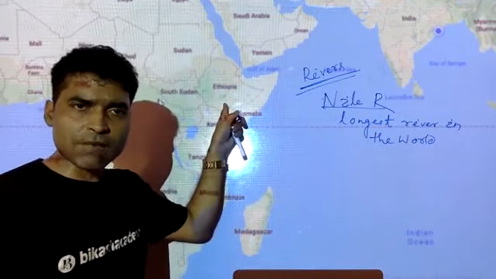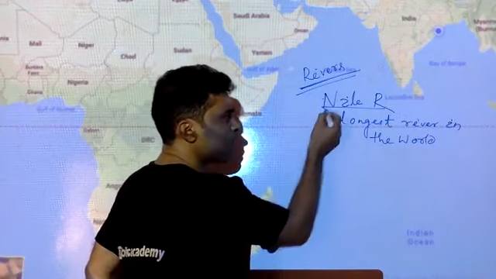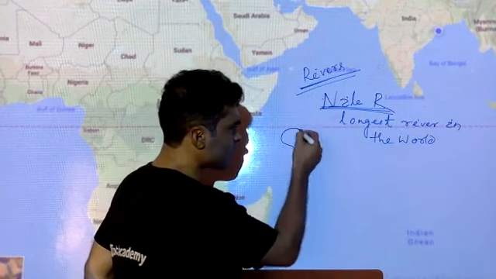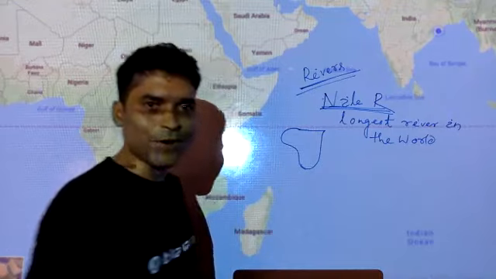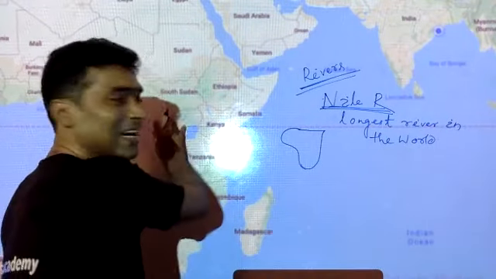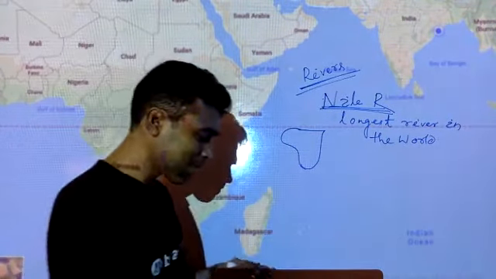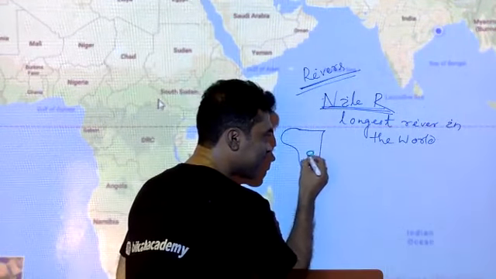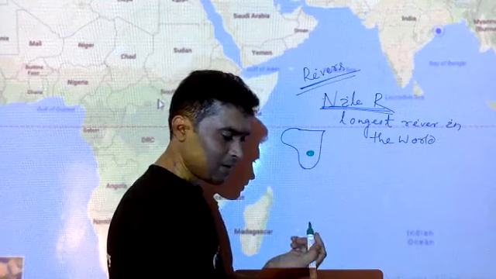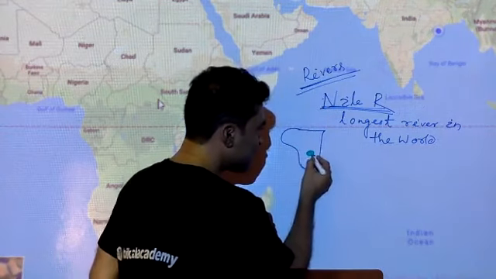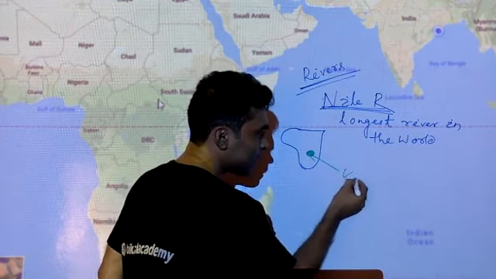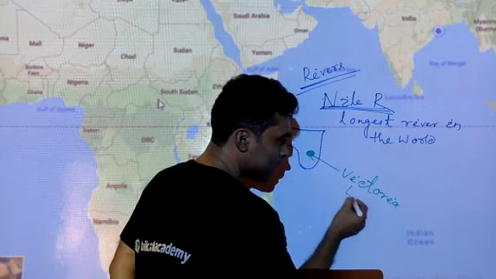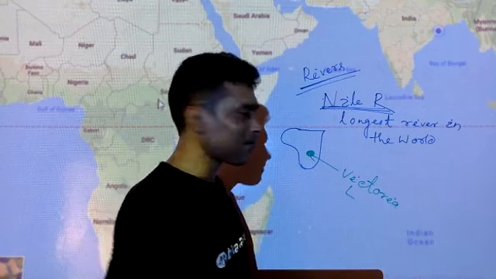Before going to the map, let's understand how and where it is located. Suppose this is Africa. Here is one lake, called Victoria Lake.